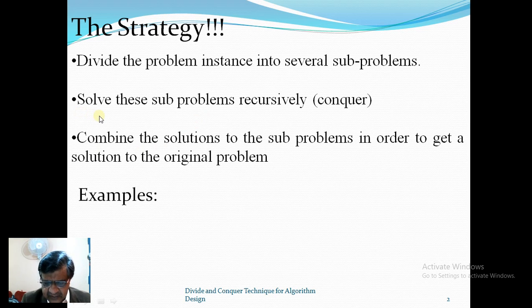And in some of the problems, the divide and conquer strategy will divide the problem in such a way that the subproblems are easily amenable to finding the solution. If you devise a method for finding the solution for a small subproblem, and it can be recursively applied for all other subproblems, then the third step is a very important step: we need to amalgamate the solutions of the small problems into a total solution to the main problem that has arrived.